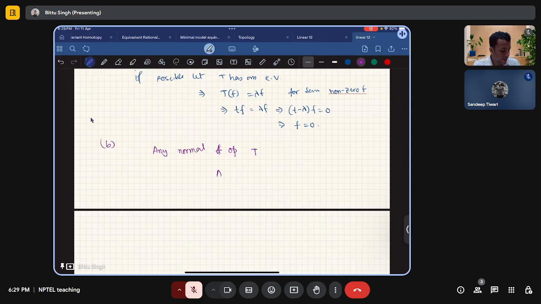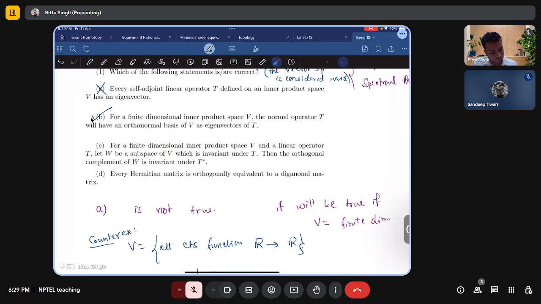If we consider A as some matrix representation, then there exists P such that P inverse AP is diagonal, and the interesting thing is that those P are actually unitary matrices. So any normal operator T is unitarily diagonalizable. Unitary means the columns are orthonormal, right? Therefore this is true.